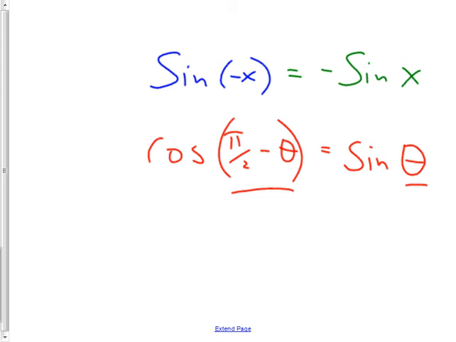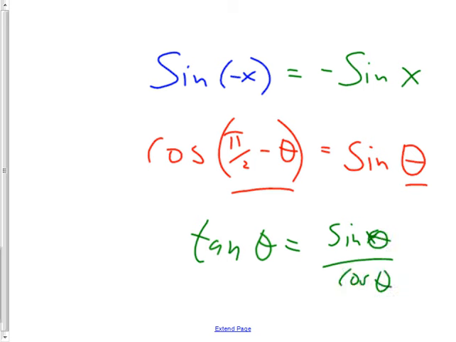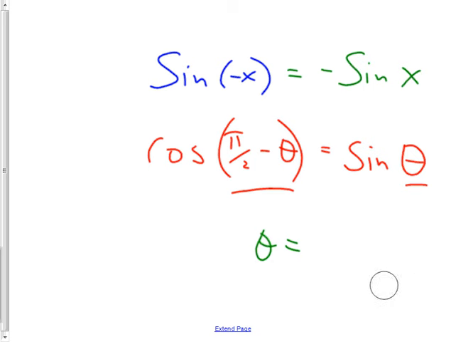All right. Here's another kind of obscure one: what if I had asked you for tangent of theta? You could replace that, this is a quotient identity. Tangent is sine over cosine. If I had instead done cotangent of theta, could you do it?